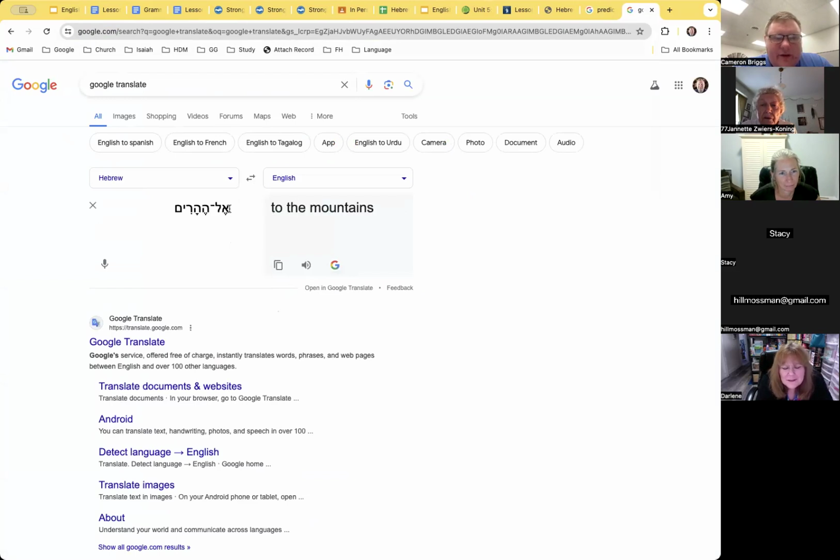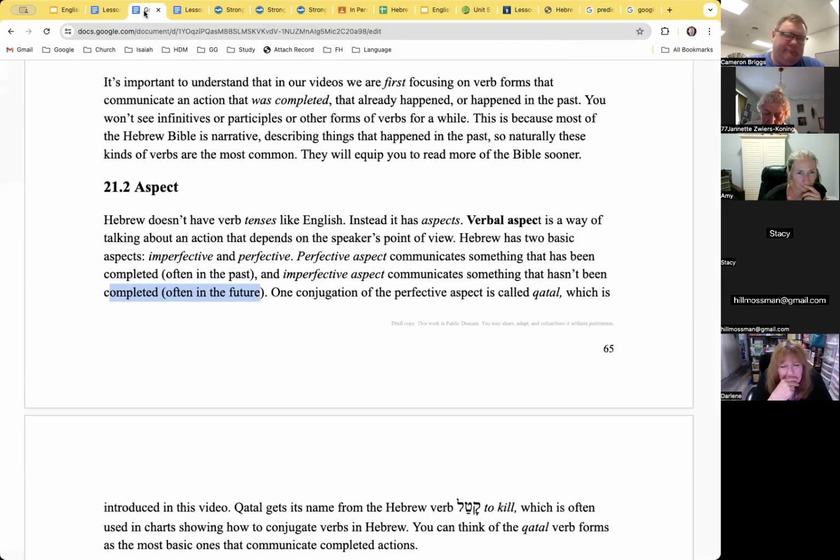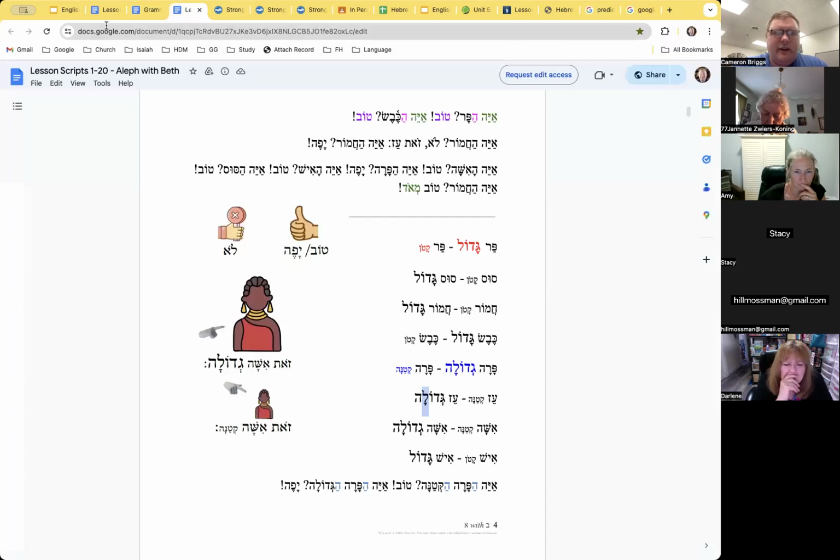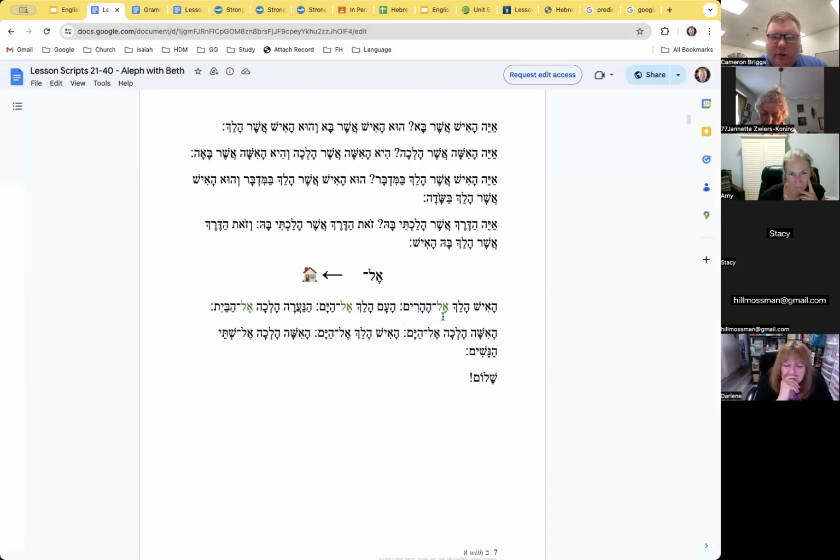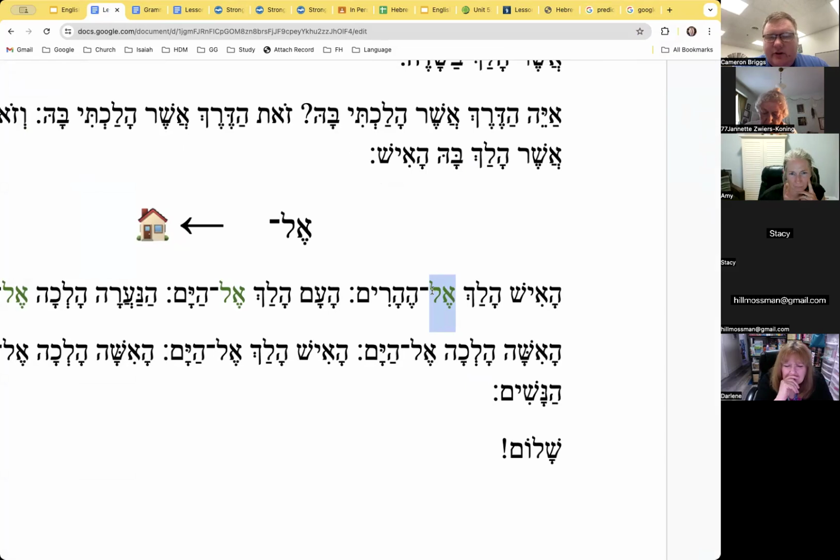Seems like they should say El Yam or something. It does kind of like what Stacy was talking about last week. It means more like to the, so like El Haharim, to the mountains. But I haven't got there myself. I don't know the full extent of when we would use El, but it's not referring to deity in our normal sense. That was what was confusing me.